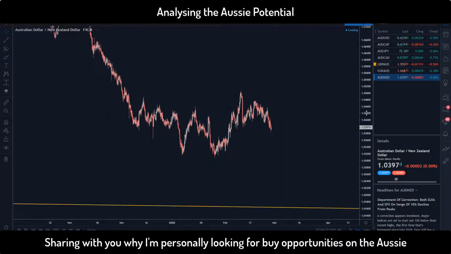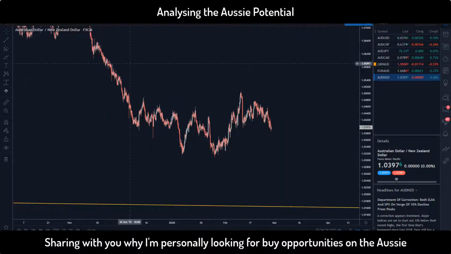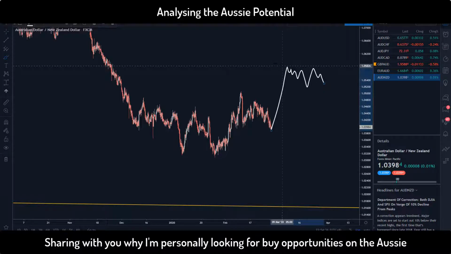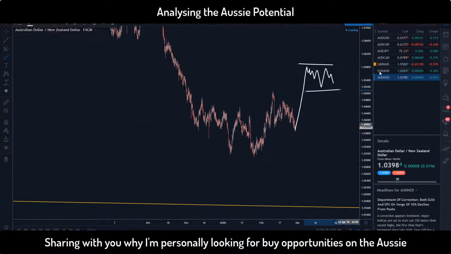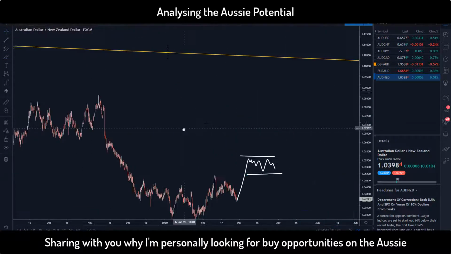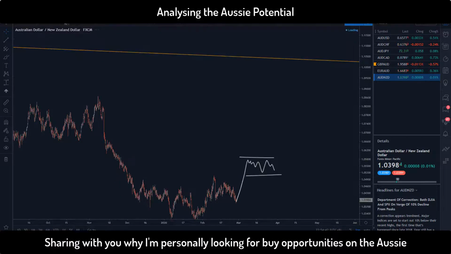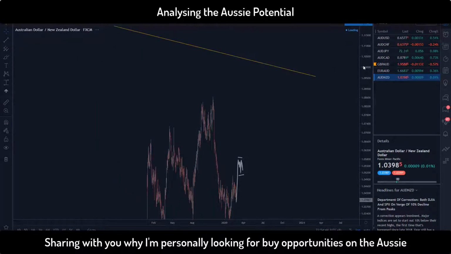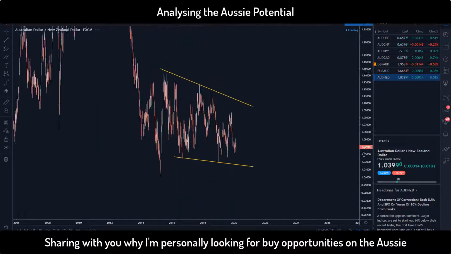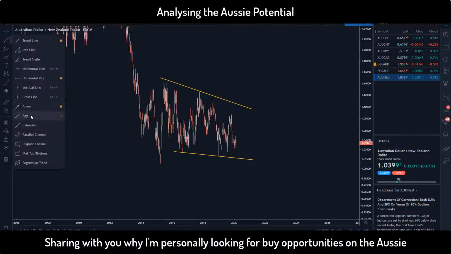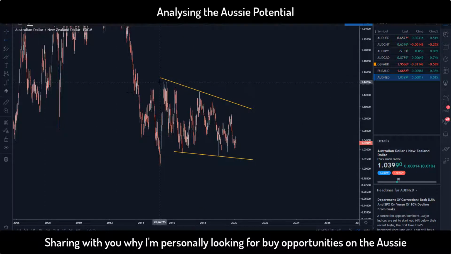Not one of the easiest setups to look out for, but I would say if we get a clear push to the upside and a small correction, that will be a good setup to look for more upside potential. And if Australia, New Zealand is ready to go higher, the target you can place is somewhere around 1.1420.